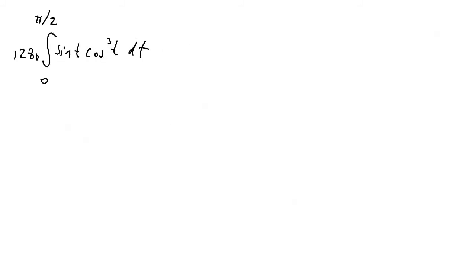Now in order to evaluate this, we can use u substitution, so I'll set u equal to cosine of t, so then du is going to be negative sine of t dt, so then dt is going to be equal to du over negative sine t.